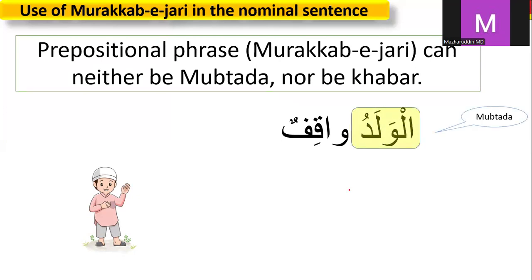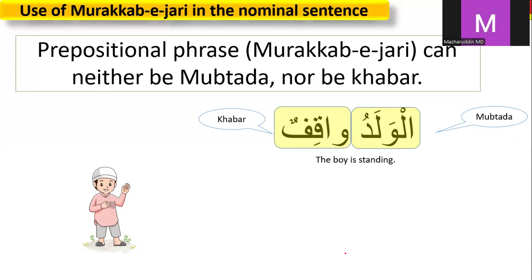So al-waladu is mubtada, waqifun, khabar. Okay? So the boy is standing. You can take qa'imun as well. I have taken waqifun. So the boy is standing. So al-waladu is mubtada and waqifun khabar.